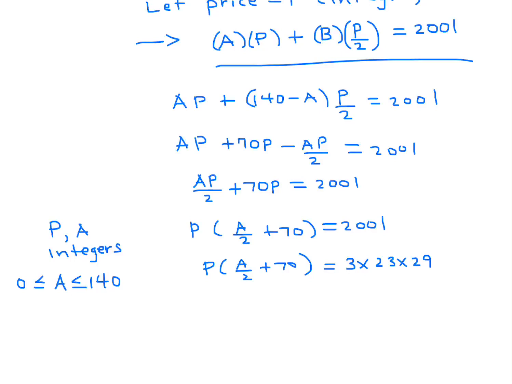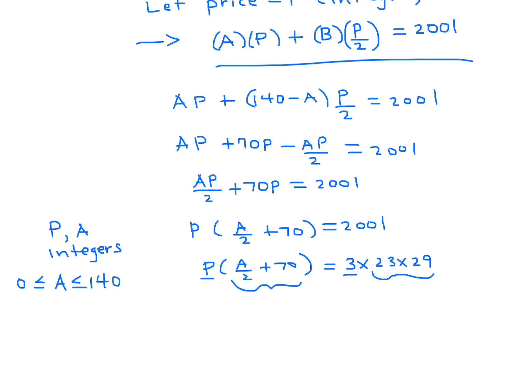So, for example, if P is, say, 3, that would mean that the expression in the bracket would be 23 times 29. You see what I mean?